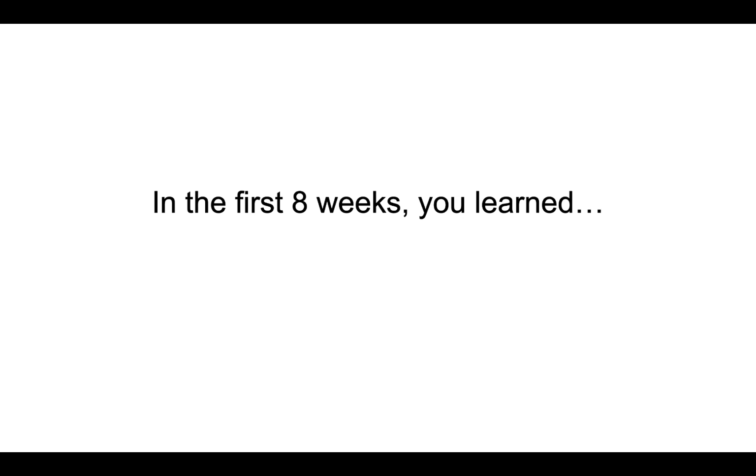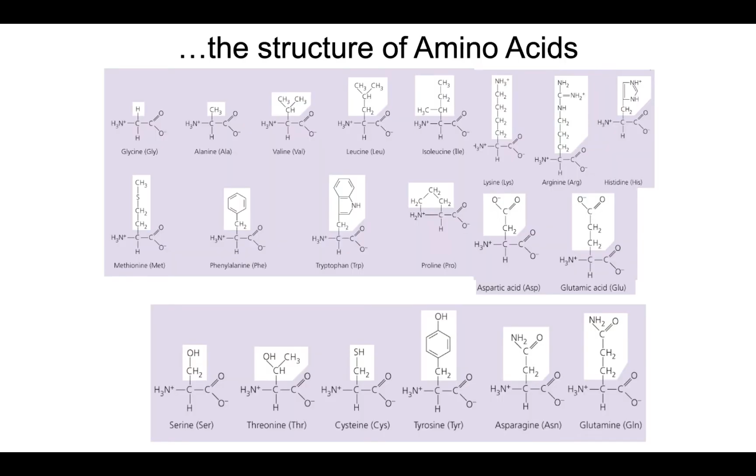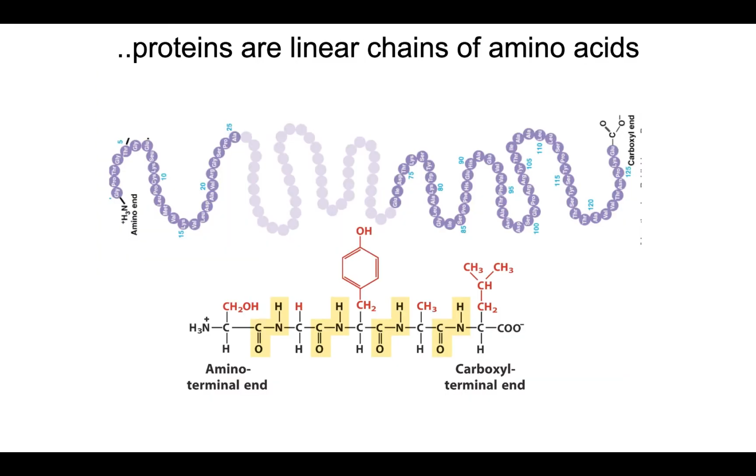So in the first 8 weeks, it was all protein centric. And you learned about the idea and the structure of amino acids, the monomers that make up proteins. Right? There were a number of different categories of amino acids, and those amino acids are put together by covalent bonds called peptide bonds to make a linear chain.